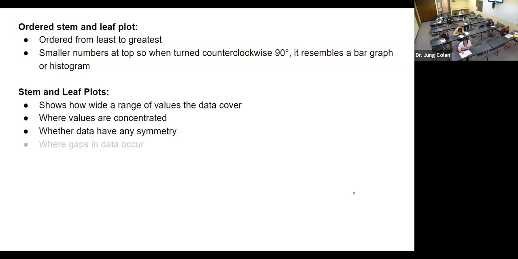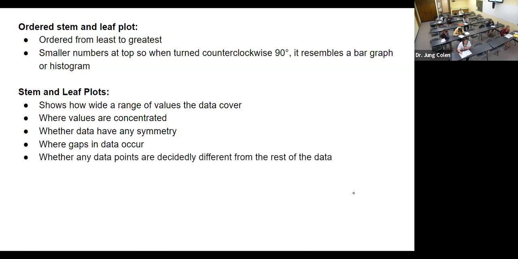Okay? And you can see the gaps. Where are the gaps in the data? These things are very similar to a dot plot, right? A dot plot has these features as well. You can also see whether any data points are decidedly different from the rest of the data.